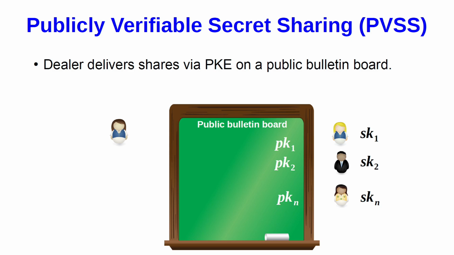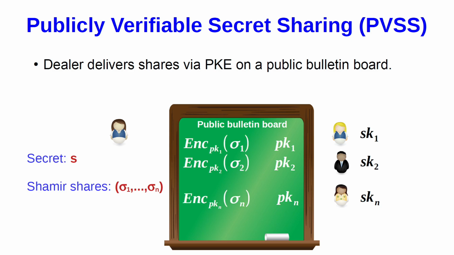Basically there are going to be public keys for each of the parties that have their corresponding secret keys, and the dealer takes the secret, constructs the shares, encrypts the shares, and posts those encryptions in the bulletin board.